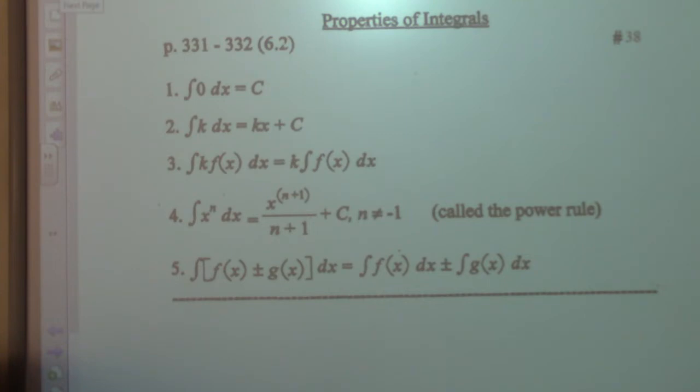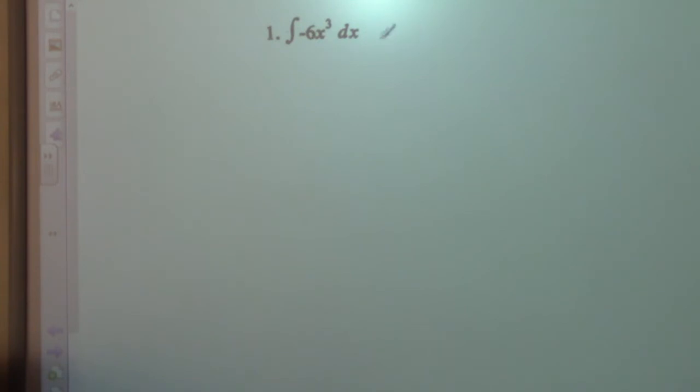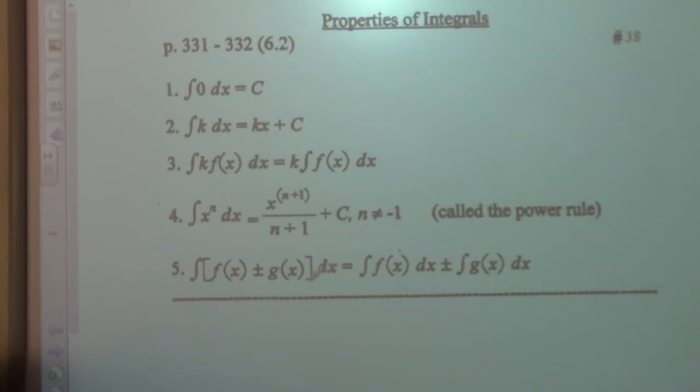And so we're going to employ all these rules here. Let's just go ahead and do one of them, and I'll show you what that looks like. So this is the main one right here. The first thing I'm going to do, when you have a number in here, if you look at rule 3, if you have a number inside here, like we do in the first sample problem, we can take that number outside.